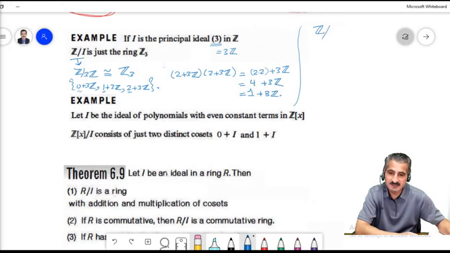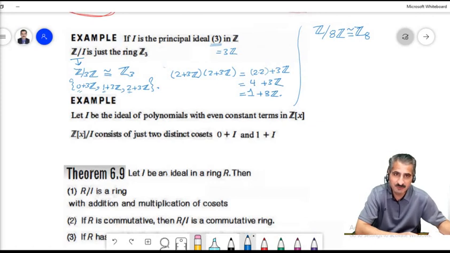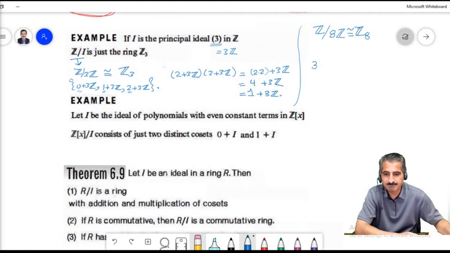Okay, now inside Z over 8Z, for instance, which you know is isomorphic to Z8, you know how to do addition of cosets, but now let us choose 2 cosets and multiply them.